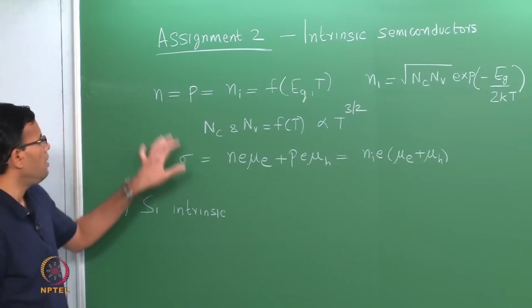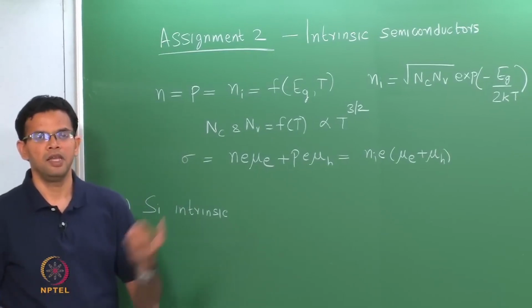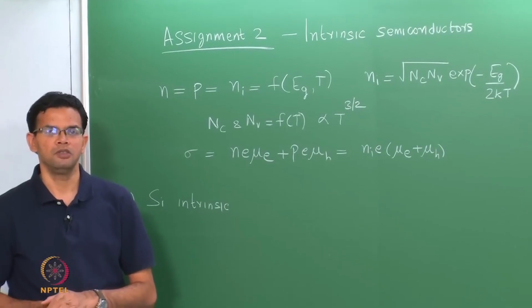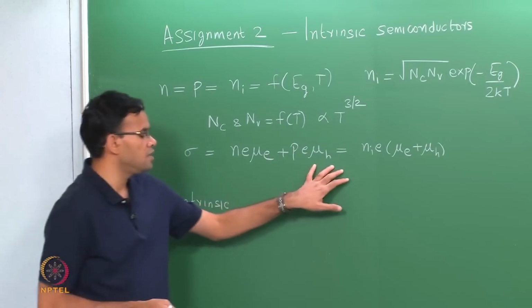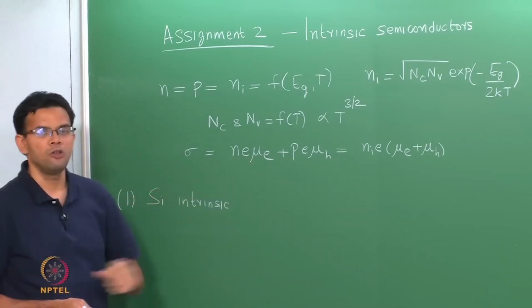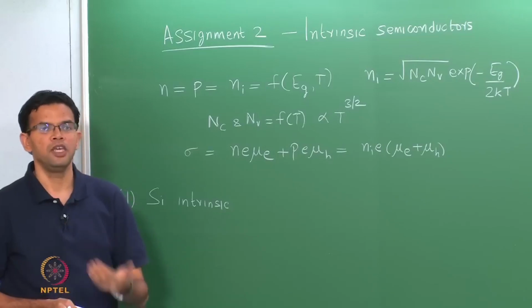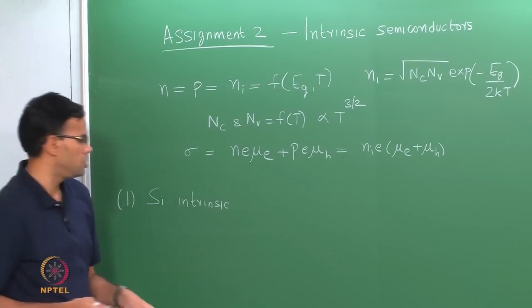If you just say N is equal to P is equal to Ni, that means there is a 50% contribution. That is a very simplistic answer. The reason is the conductivity not only depends on N, it also depends upon mu E and mu H, which is the mobility of the electrons and holes.